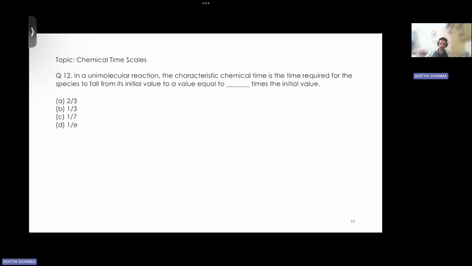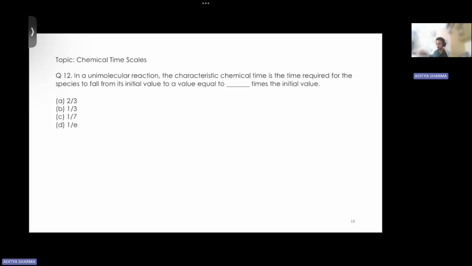So when a particular species falls in a unimolecular reaction from its initial value or concentration to a particular value, in that case we call the time taken for the species to reach that value the characteristic chemical time.